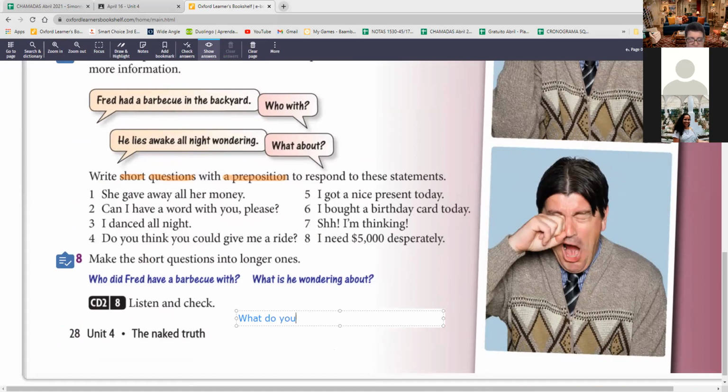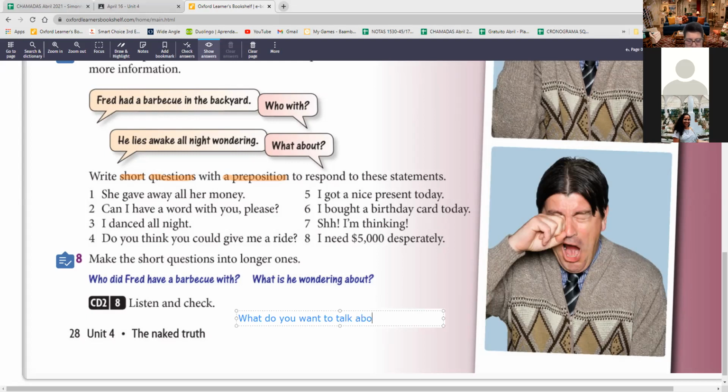What do you want? It's incredible. I think because we read so much that we start having these bugs. So what do you want to have? What do you want to talk about?